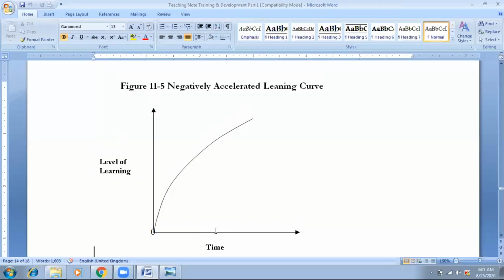So that means the total learning, of course, will increase, but the change of learning is diminishing.